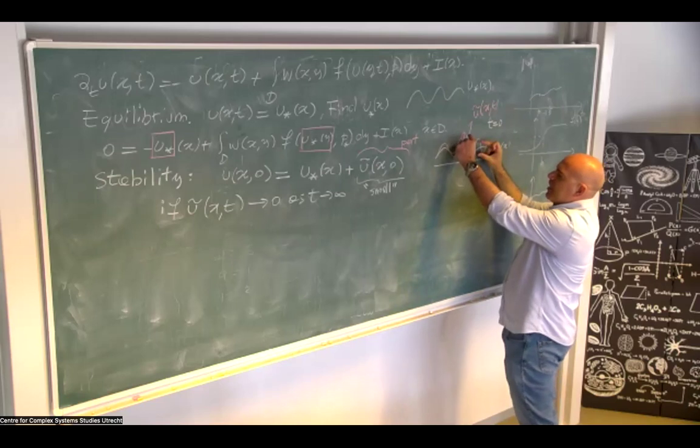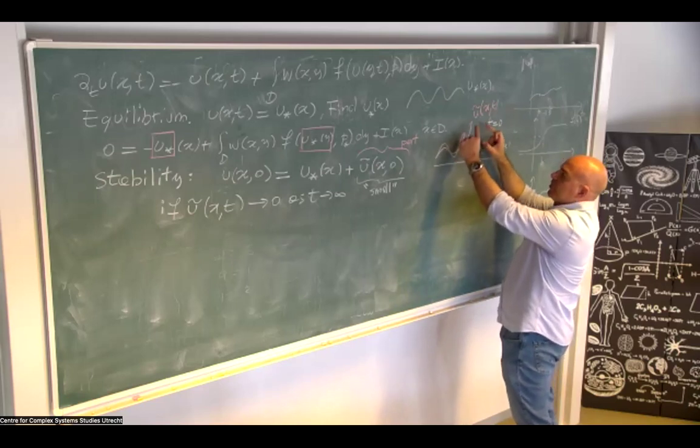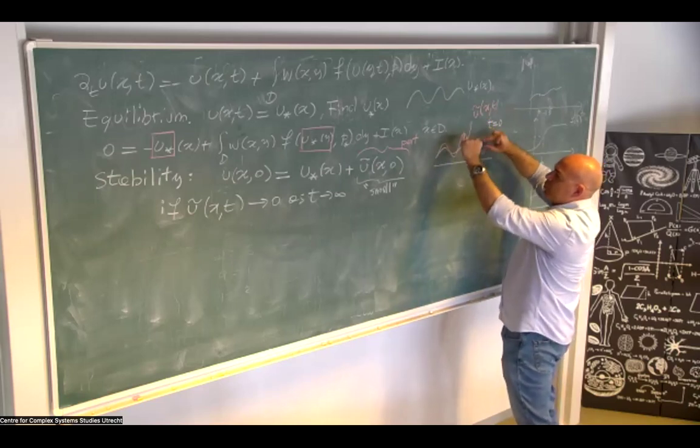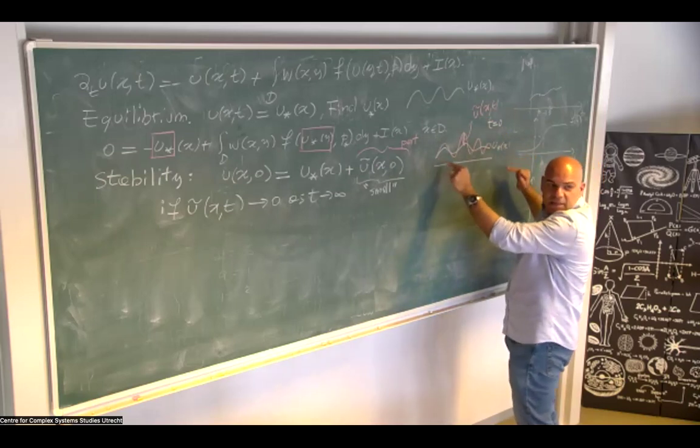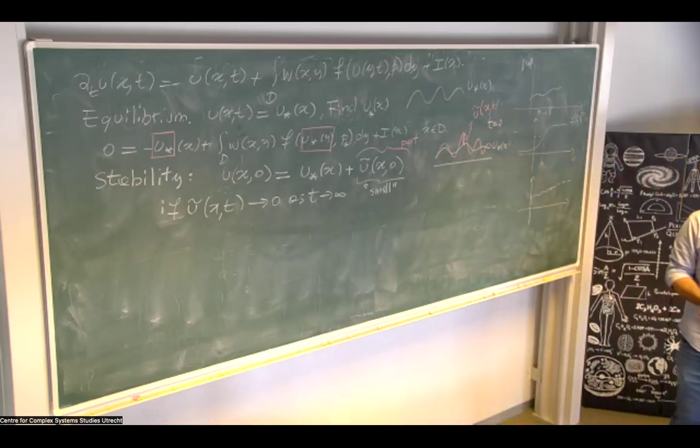And what I'm investigating, after a time t0, is what happens to u tilde? Will it tend to 0, which means I recover my steady state, or will it not? And that's the idea of a stability problem.